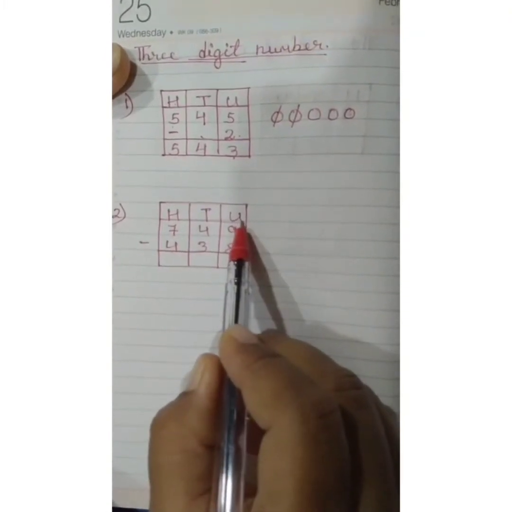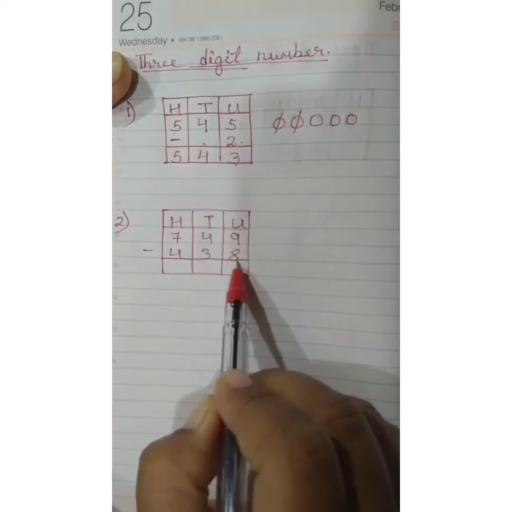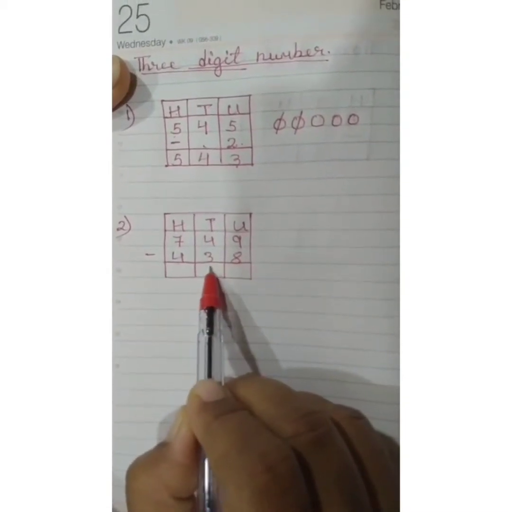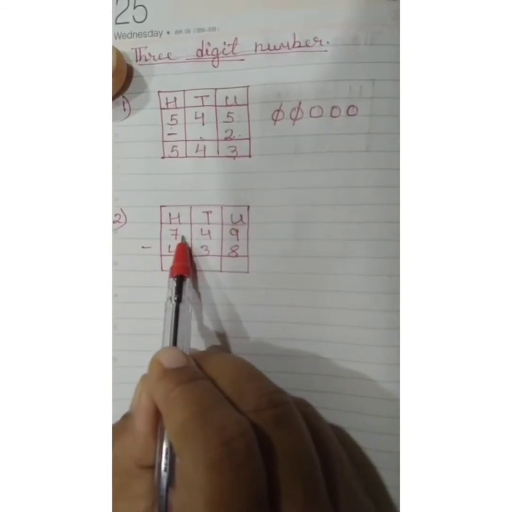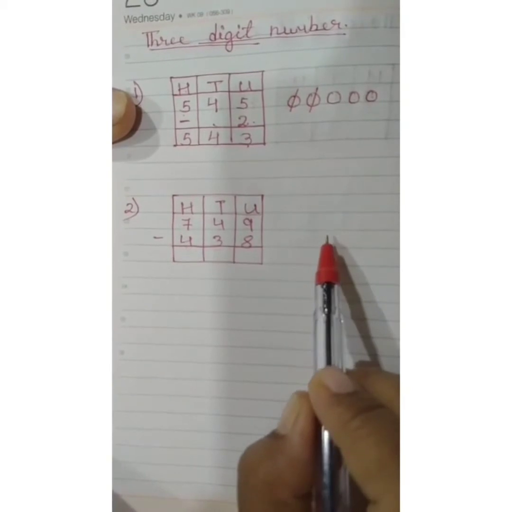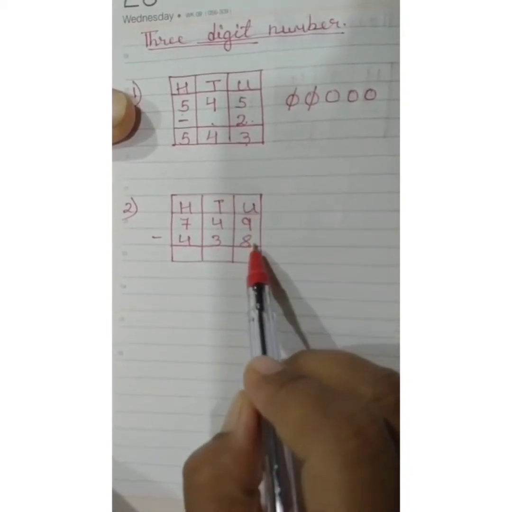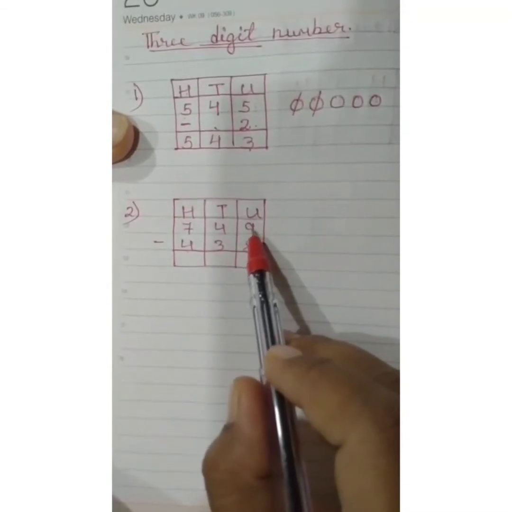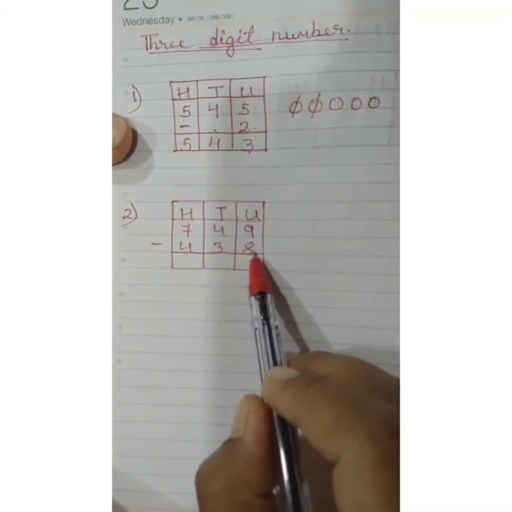Here I have written one more example. In units place I have written 9 and 8. In tens place I have written 4 and 3. And in hundred place I have written 7 and 4. Now when you are doing subtraction, always start from unit place. Now here in units it is 9 minus 8.